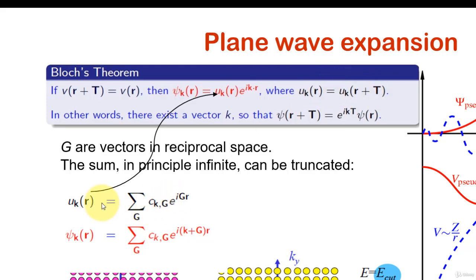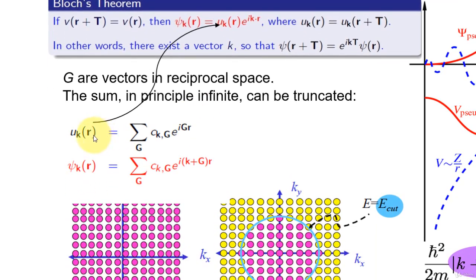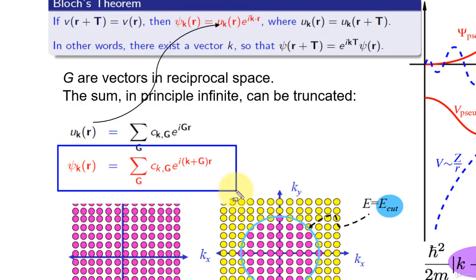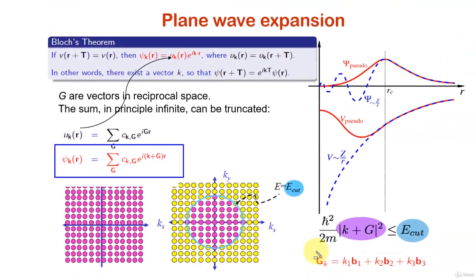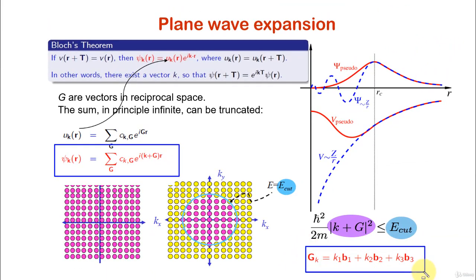Thus, it can be expanded according to Fourier transformation. By substituting u_k in this equation, we obtain the equation for the wave function. We can see that psi is a superposition of plane waves with wave vectors differing by G. G is a vector in the reciprocal lattice.